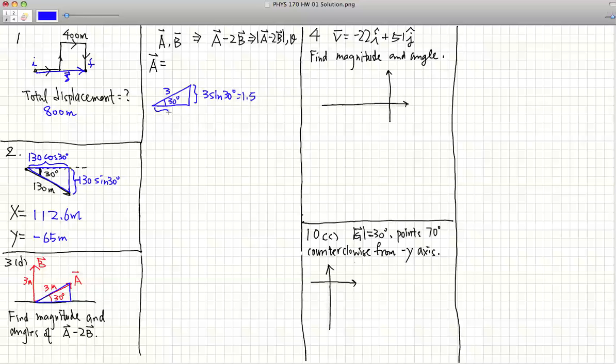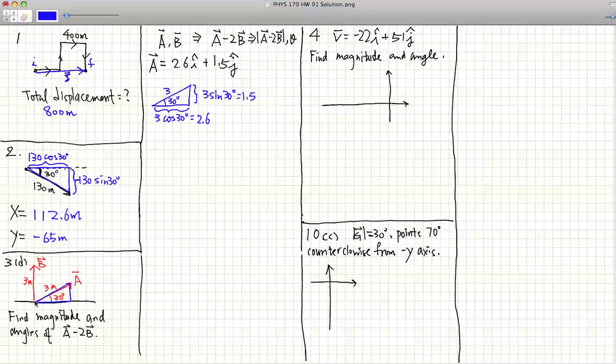The horizontal distance that you see here is 3 cosine 30 degrees, which comes out to be about 2.6. So the vector is the horizontal length times i plus the vertical length, 1.5 j.